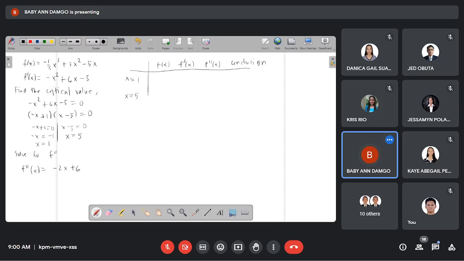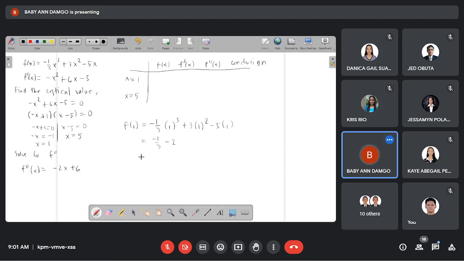Okay. When x is 1, so our f of x, we have f of 1. So this is negative 1/3 times 1 cubed plus 3 times 1 squared minus 5 times 1. Okay. So this is negative 1/3 plus 3 minus 5. So we have minus 2.